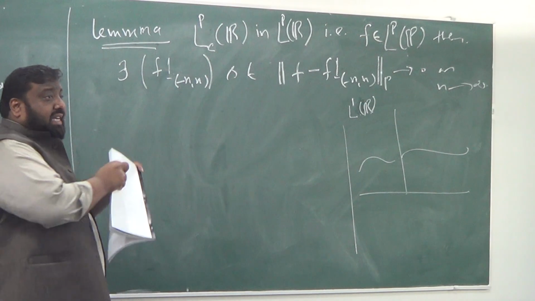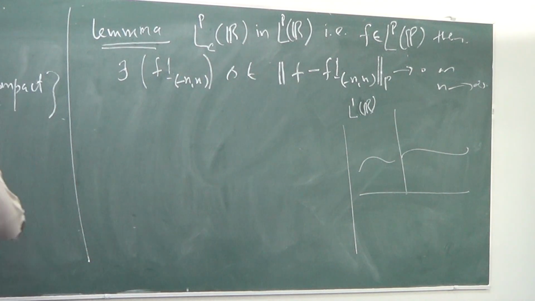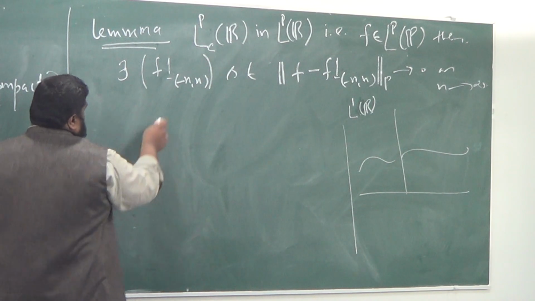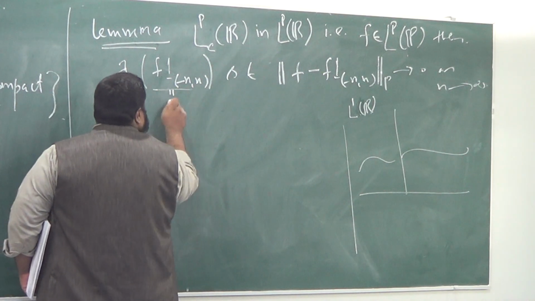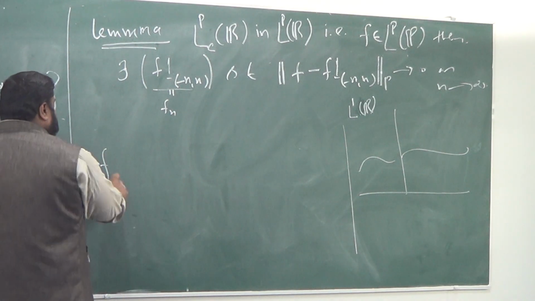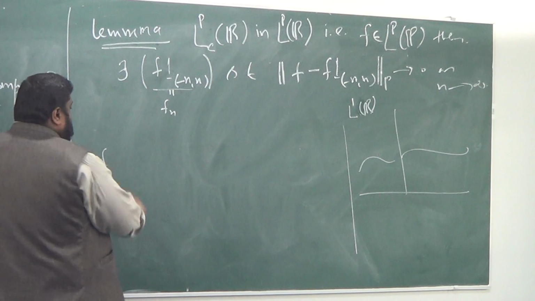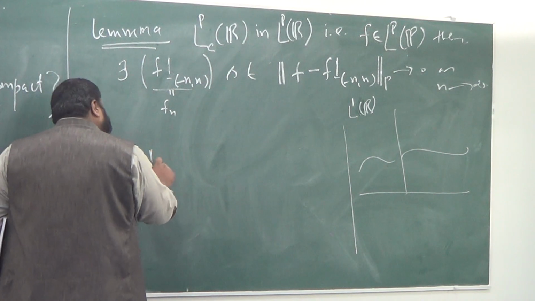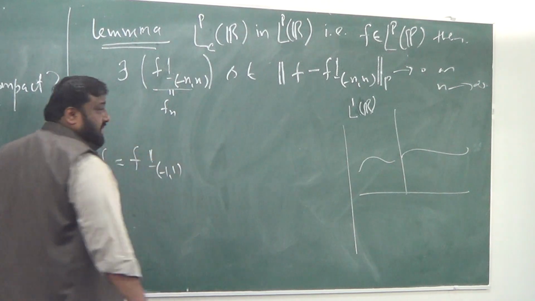I can give this a name: this is F_n. So I'm asking you, what is F_1? F_1 is basically f on the interval minus 1 to 1.